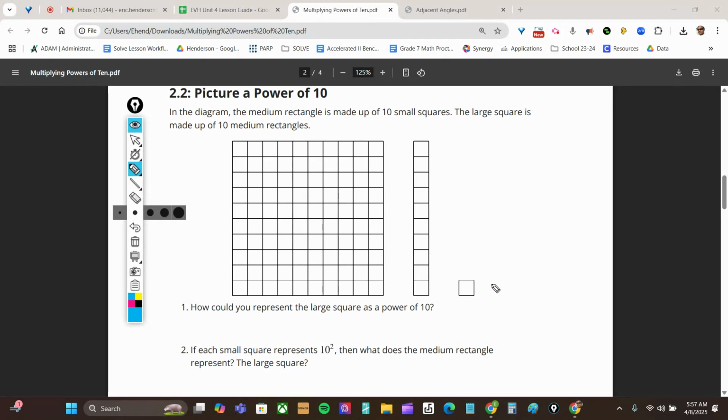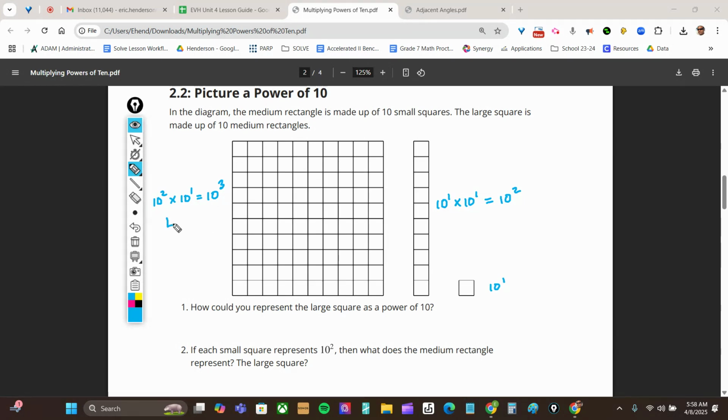This one would be 10 to the first power, and the medium will be 10 to the first power times 10 of them, so that's going to equal 10 squared. And there's 10 of these medium rectangles, so that's 10 squared times 10 to the first, which equals 10 cubed.